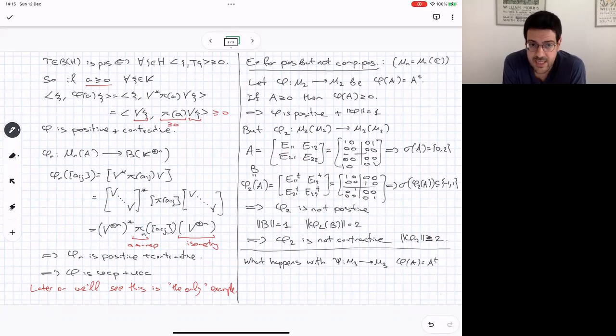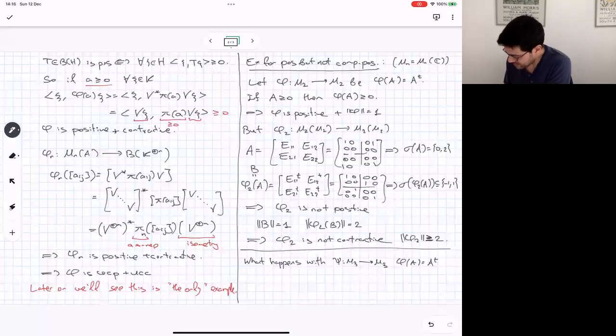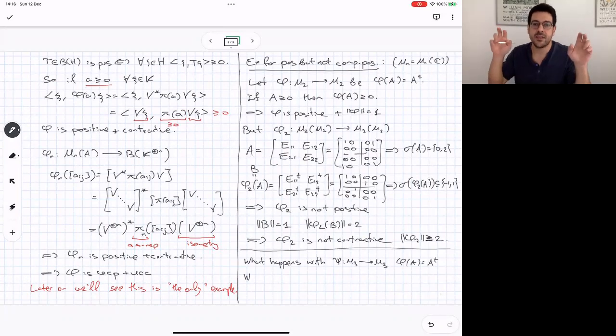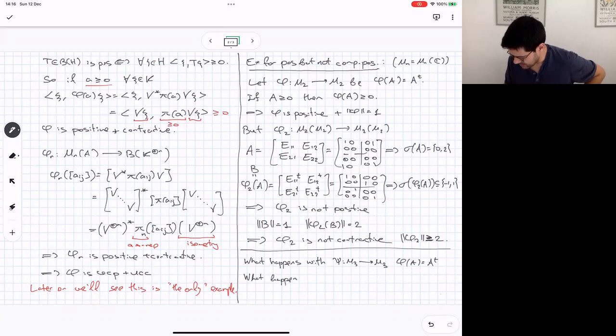So if you check it and do the computation, you will see that in fact psi 2 is not positive and not contractive, and in fact the norm of psi 2 will be greater than or equal to 2. So you can do something better than that. You can take the transpose function on infinite by infinite matrices. So what happens? Okay, I will leave it to you to think about it.